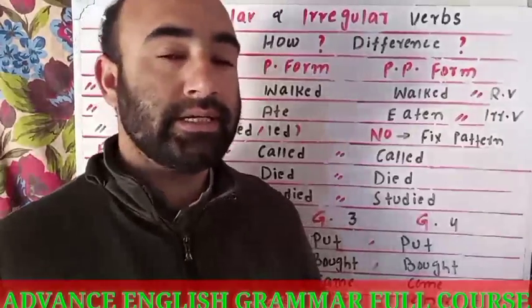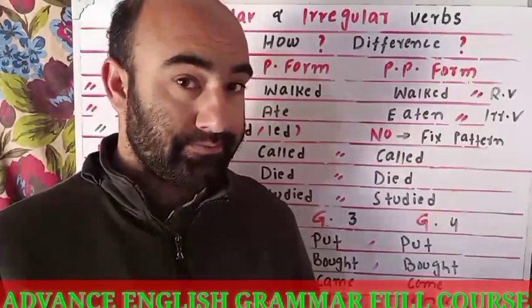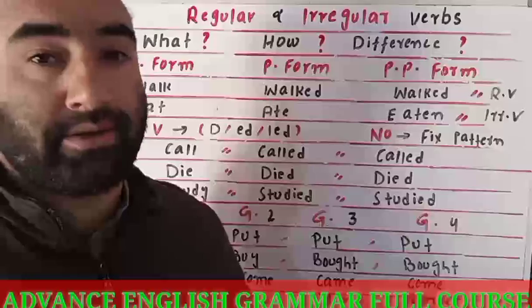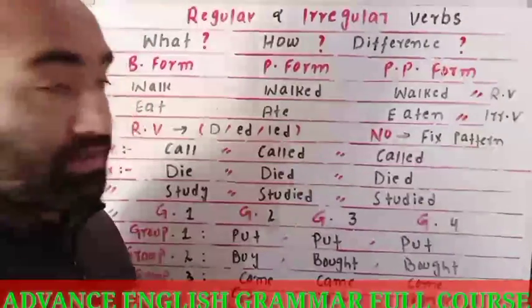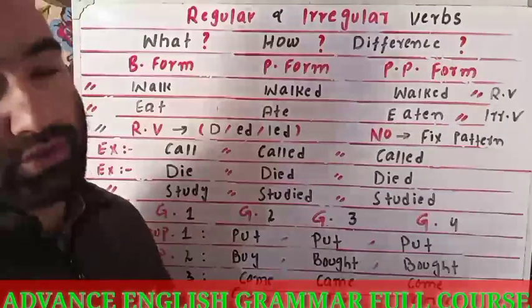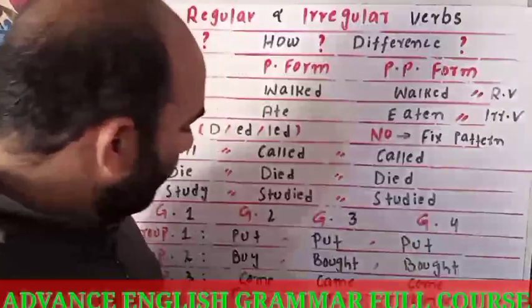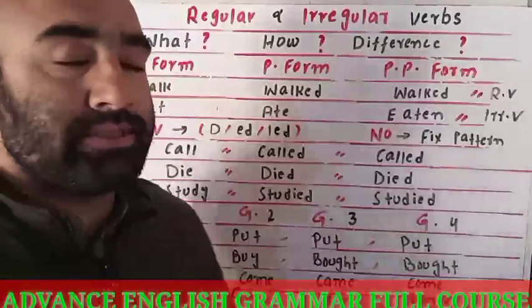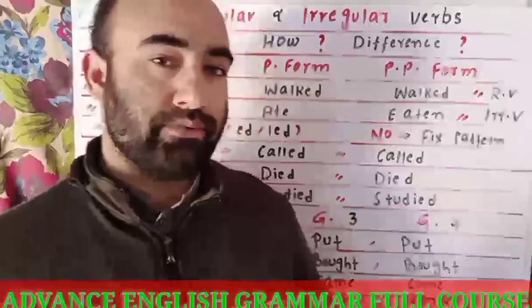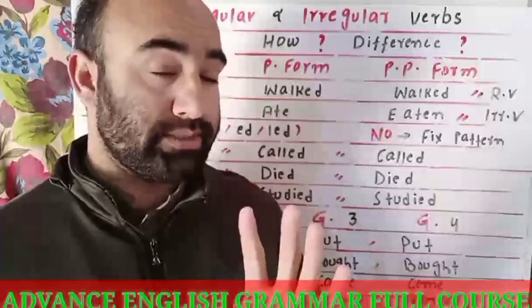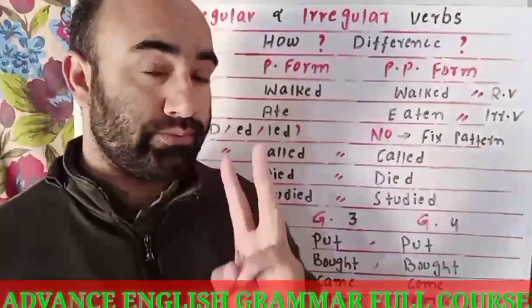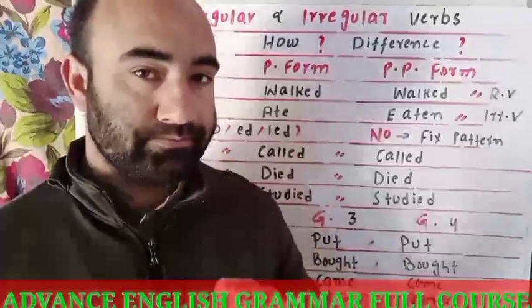These are the rules to convert the base form of the verb into the past form and past participle. But the irregular verbs don't have rules. We divided them into four groups: Group 1, Group 2, Group 3, and Group 4.